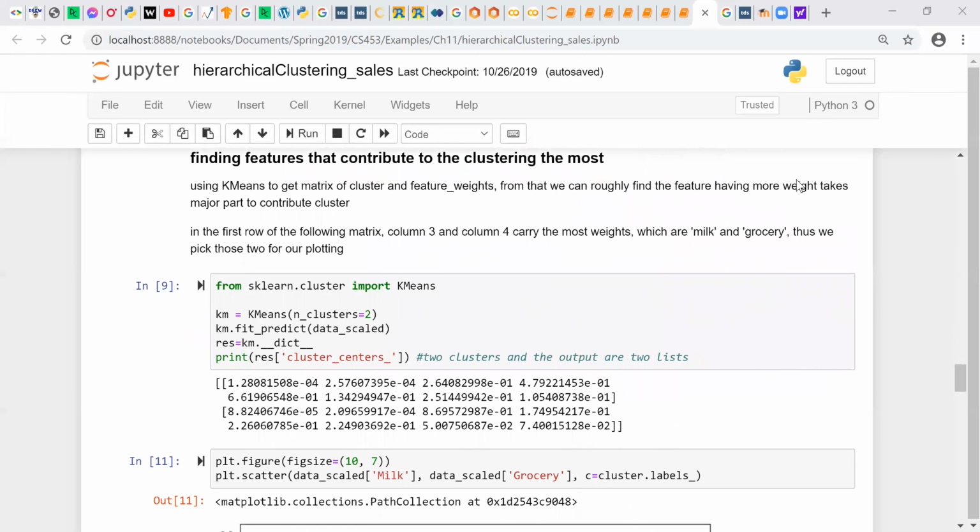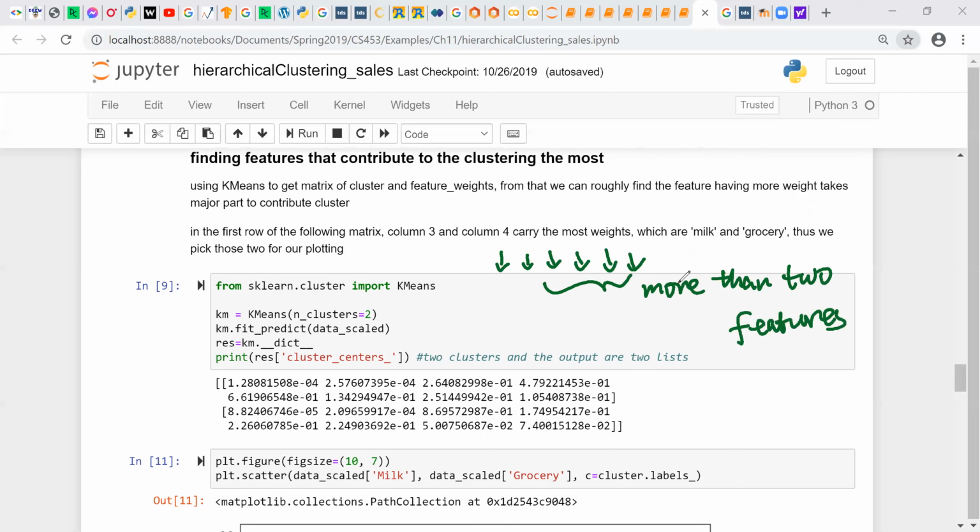And a lot of the time you may also be interested, because in this case our original data has a lot of features, more than 2 features. When you have more than 2 features, it's hard to do scatter plotting to find some pattern.